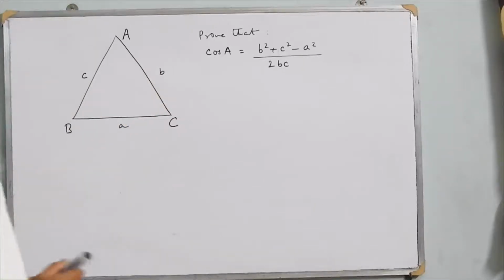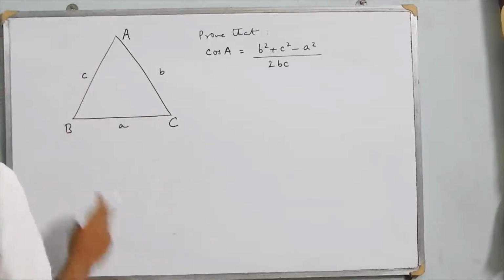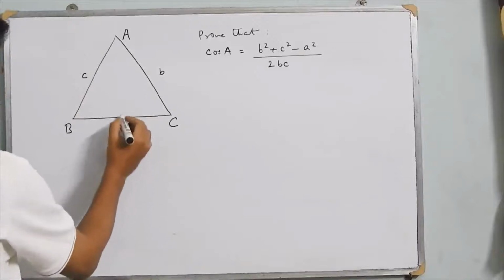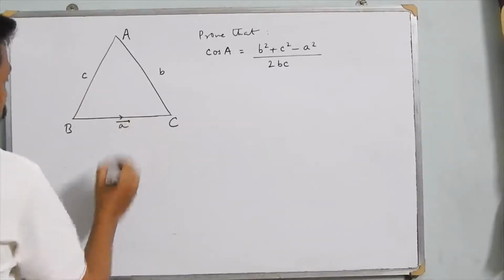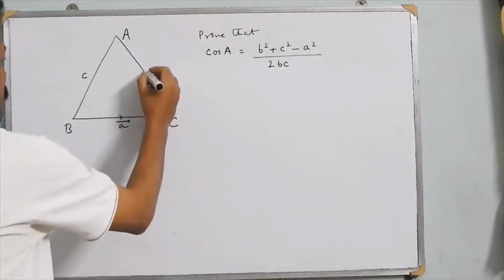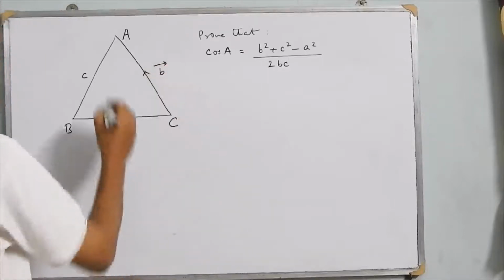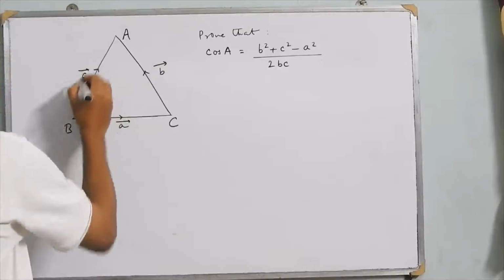So let me denote the sides of the triangle with respect to vectors. Suppose this small a is vector A. This direction is that of vector B and this direction is that of vector C, suppose.